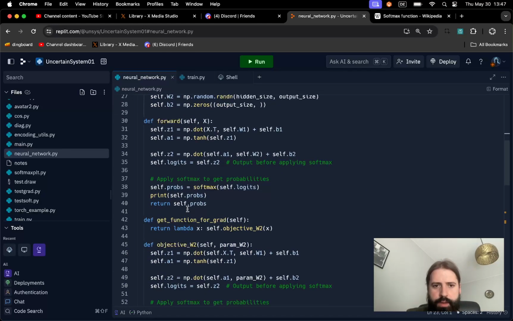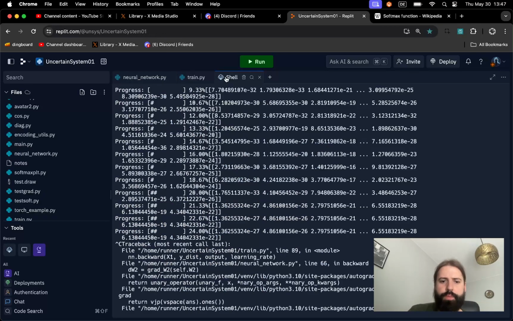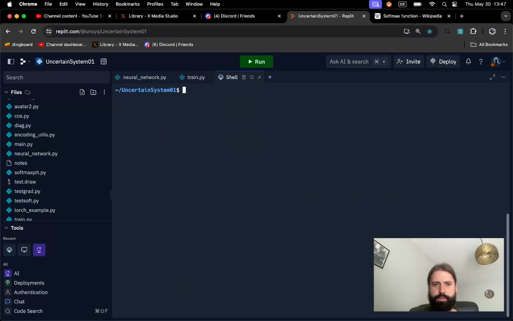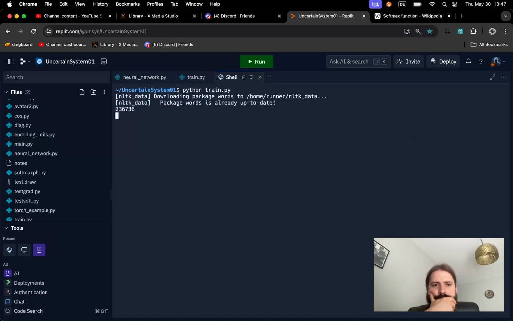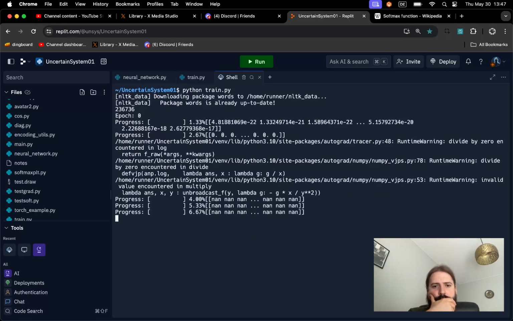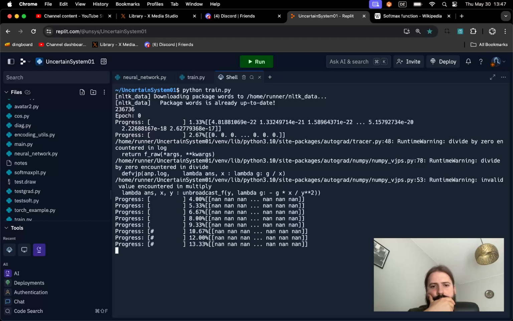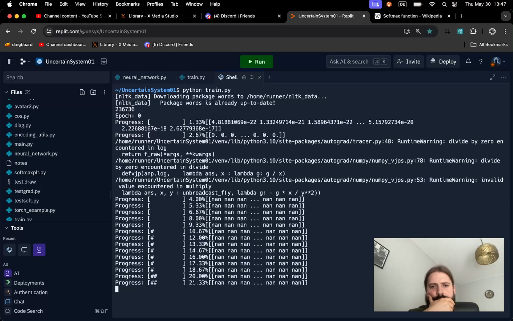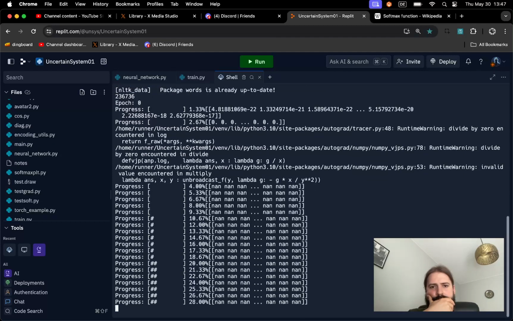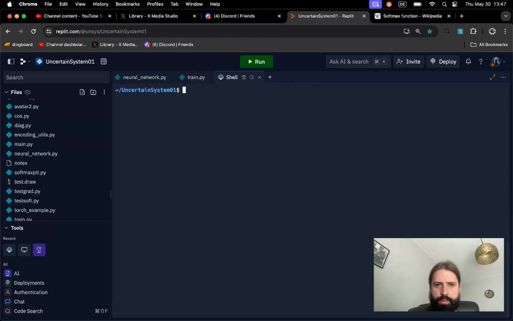Forward pass. Does NP have something called max? I guess so. Let's see how this works. What the hell? Is that a problem? Is that just me having bad luck?